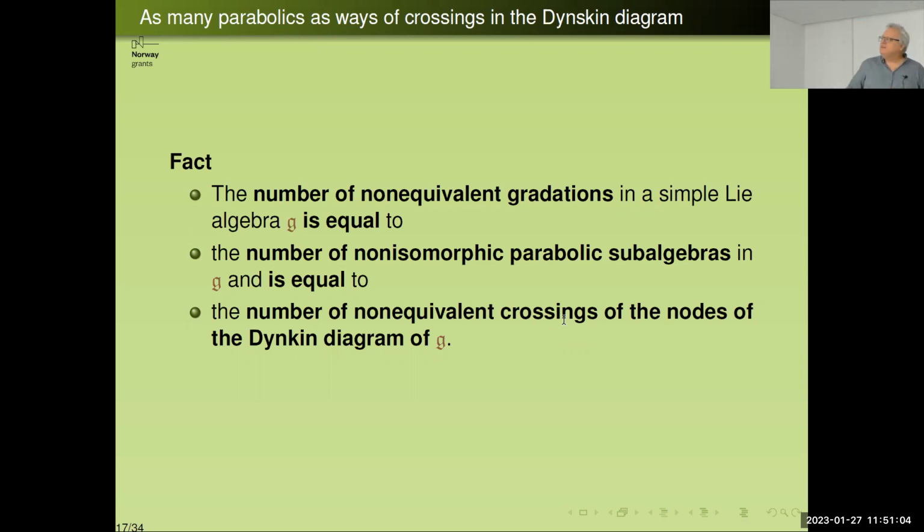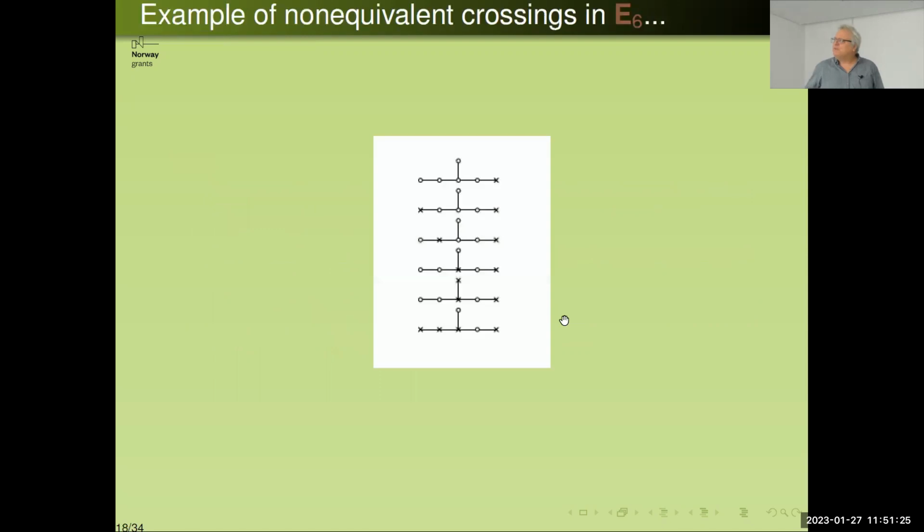So if you want to know how many non-equivalent gradations a simple complex Lie algebra has, you just look at its Dynkin diagram and put crosses on the nodes. Every such choice corresponds to a choice of parabolic, and it corresponds to a gradation. Okay, so that's the result which I will be using.